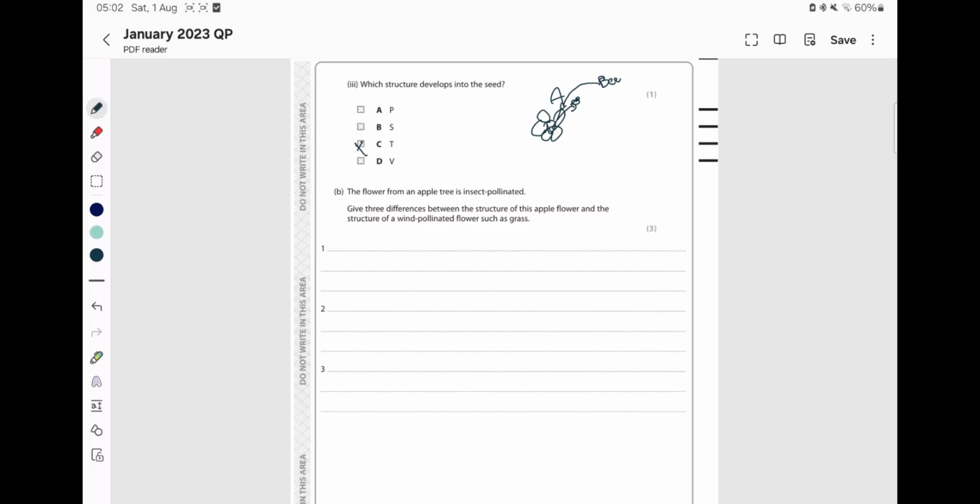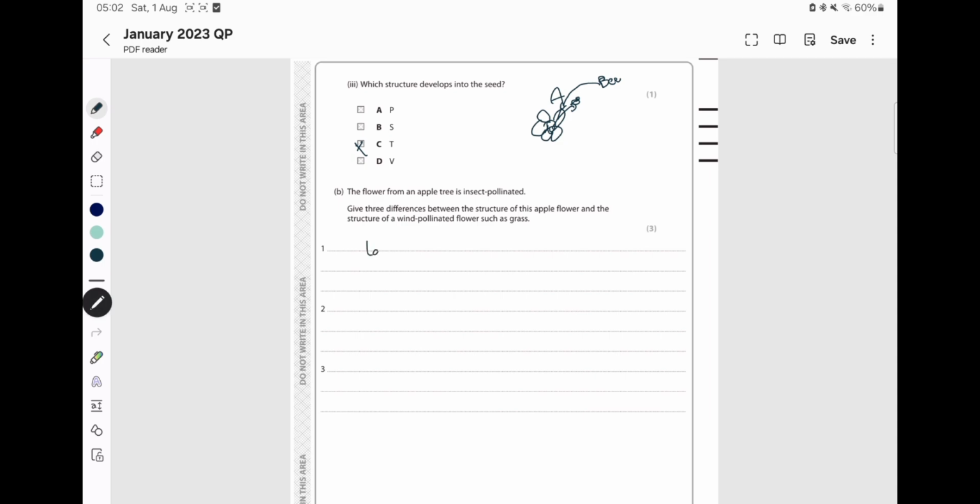Most insect pollinated flowers are nectary, they contain nectar, unlike the wind pollinated kinds. And also, their pollen is very large and very sticky, so that it can stick to the body of the insects carrying it. Like you said, it's asking us here for 3 differences, so we're just gonna state 3 of all the things we just said.